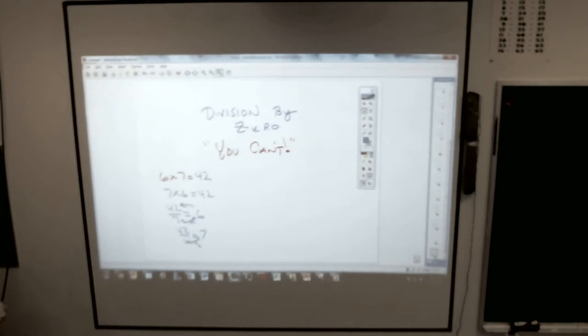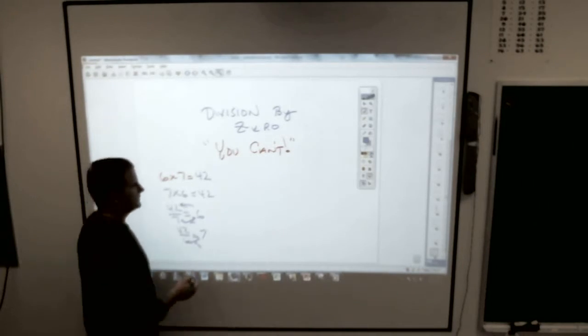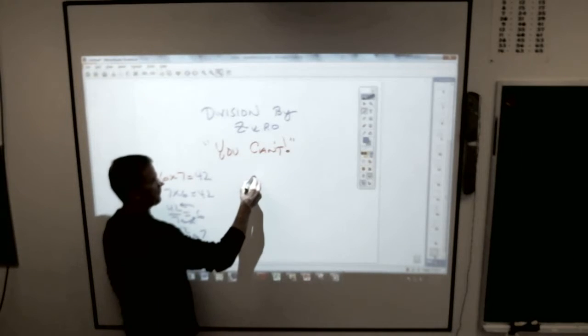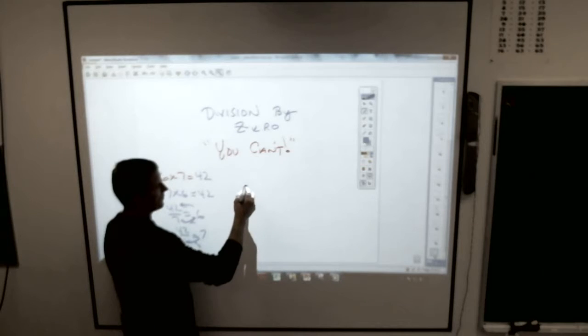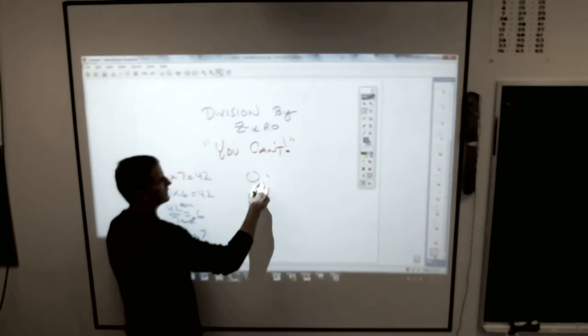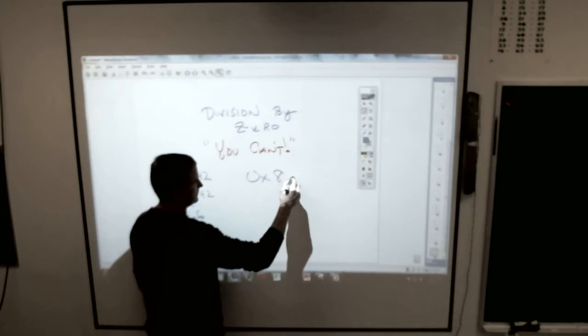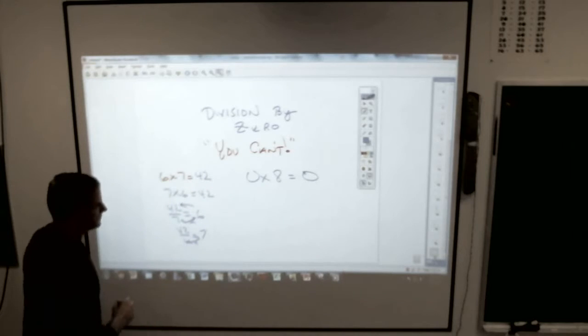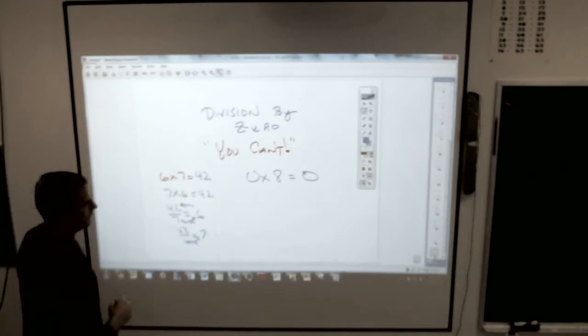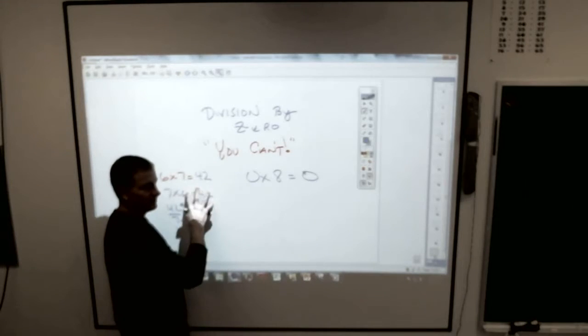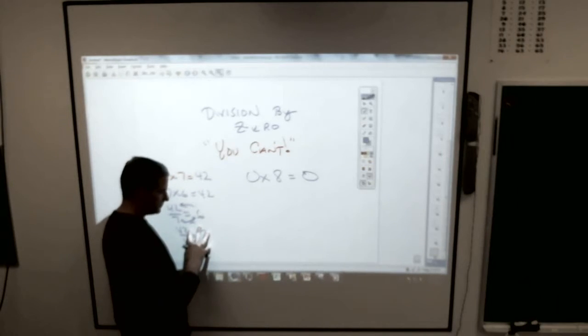But what happens when you stick 0 into this category thing here? Let's say you have 0 times 8 is 0. Okay, and you use the same philosophy over here, correct?